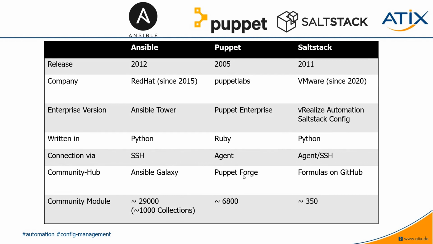The tools themselves still use a common programming language. So this is Python for Ansible and SaltStack, and Ruby for Puppet. And then we have the first differences.